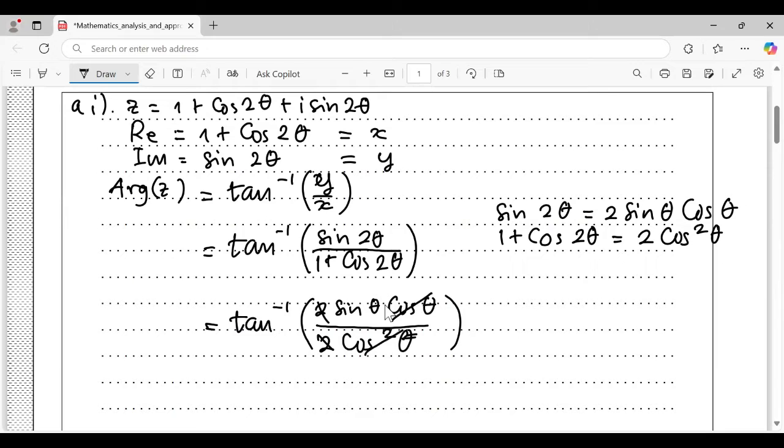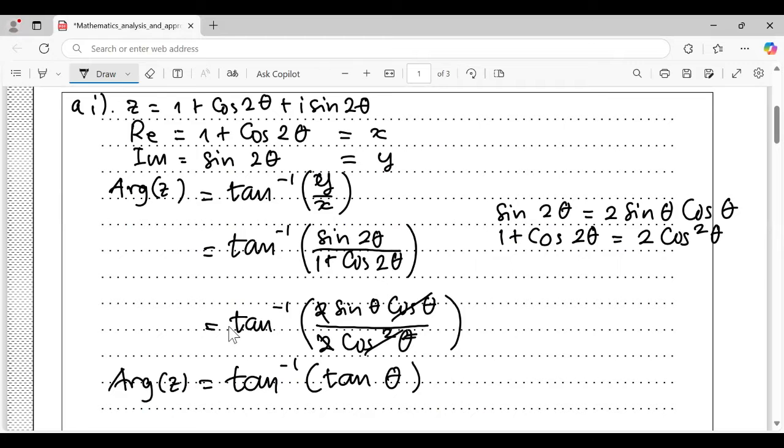So sine theta over cosine theta becomes tangent theta, so we have tangent power minus 1, the same as arc tangent or inverse tangent, of tangent theta.